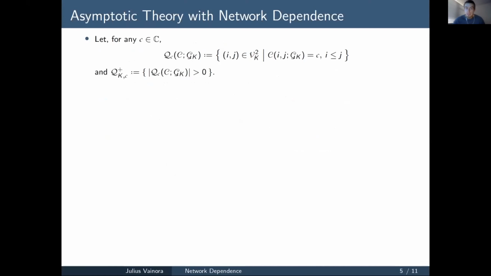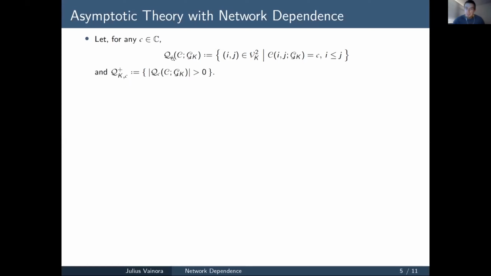Now to summarize the results of asymptotic theory, let me first define a couple of things. Let's pick class C, which could be, for instance, just the natural number 1 for the case where we care about the usual distances. So class 1 would correspond to all the pairs that are connected, that are neighbors.